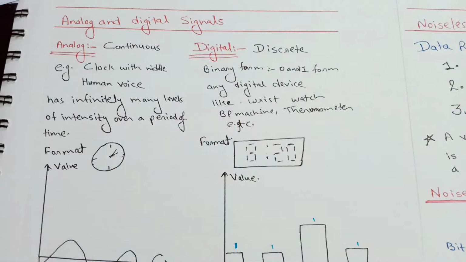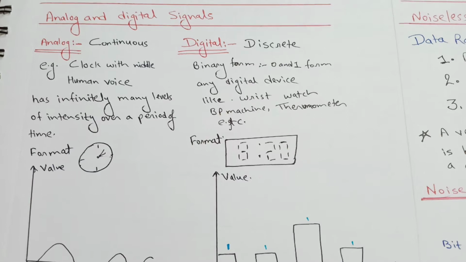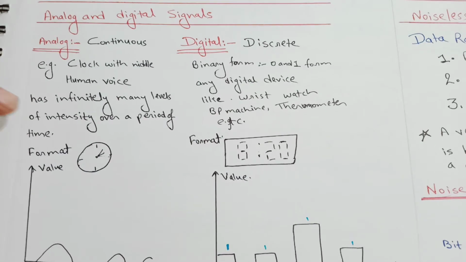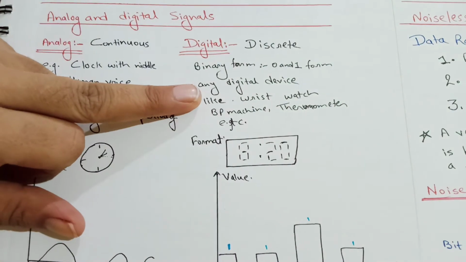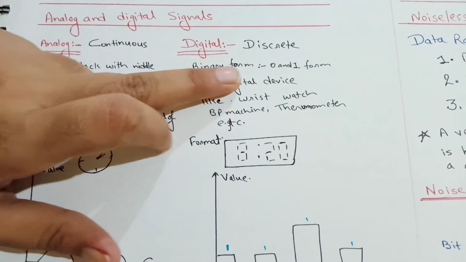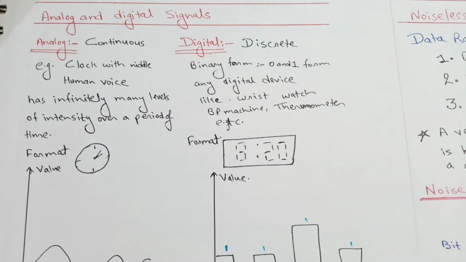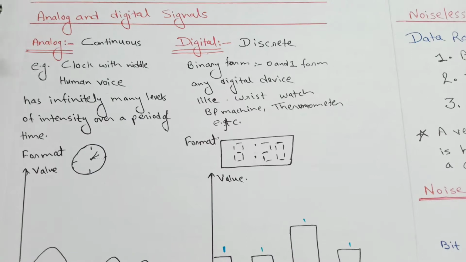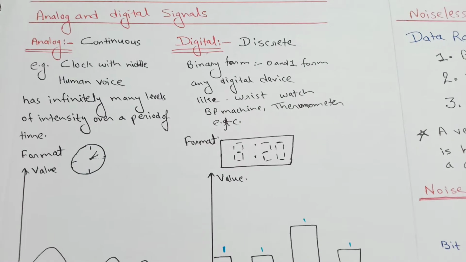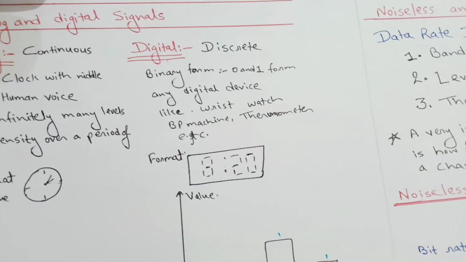Analog has infinitely many levels of intensity over a period of time. There is no finite or fixed level of intensity, but digital is discrete and in binary format. 0 and 1 are used in any digital device, like a wristwatch, BP machine, thermometer, etc. In a BP machine we can see the digital format of presentation.